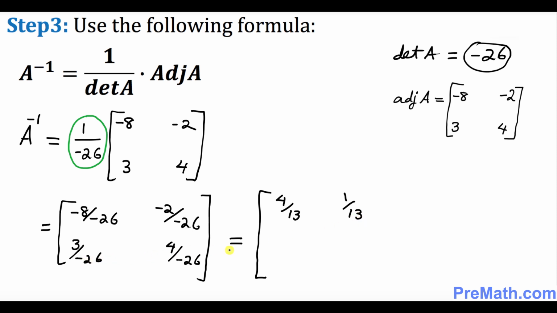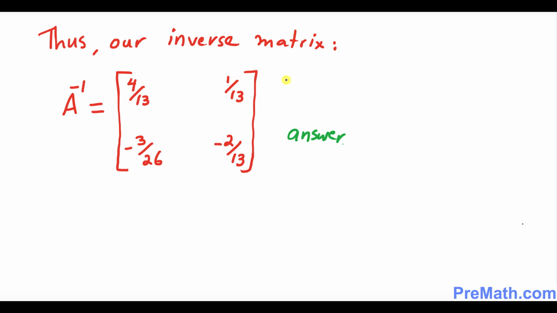So that could be written as -4 over... 3 over 26, and over here this is going to be negative 2 over 13. So this is our inverse matrix. Thus our inverse matrix A power negative 1 turns out to be this one, as you can see, and that is our answer.